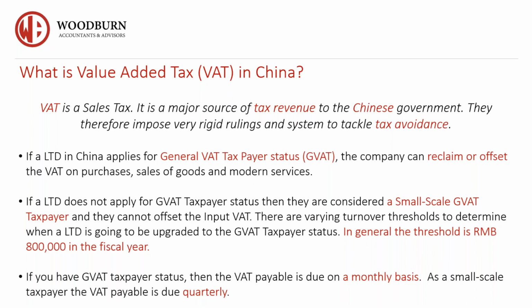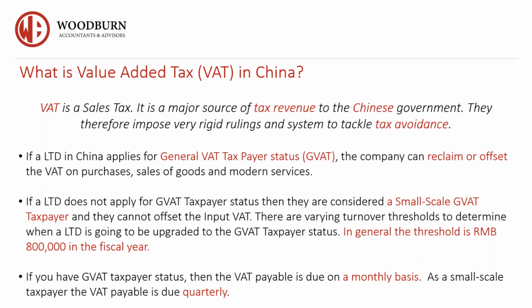All right. So they have extremely rigid rulings, more so than any other country in the world in terms of how you maintain invoices. And they truly do want to tackle tax avoidance and tax evasion for any form of transaction, whether it be trade or service that is occurring within your entity and structure.